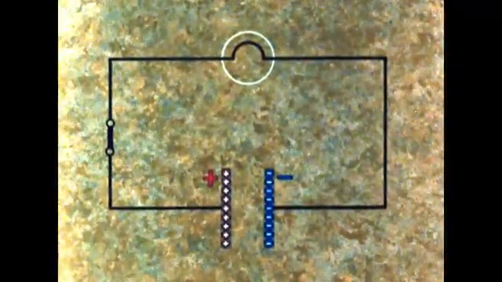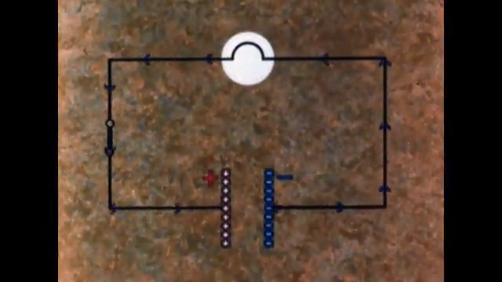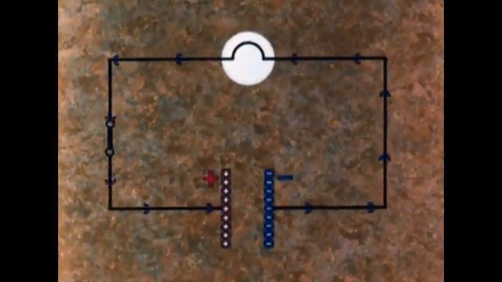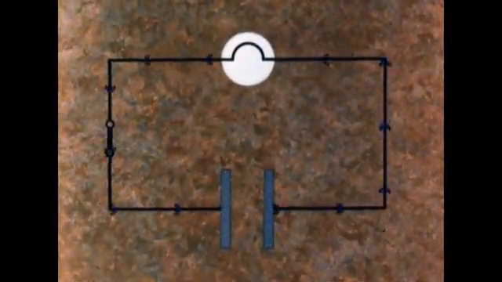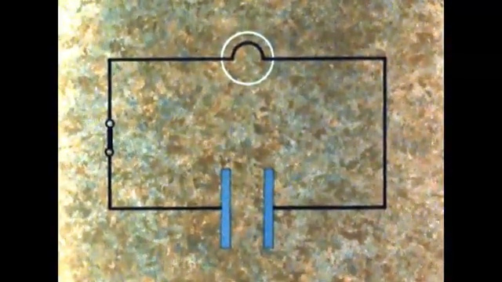On closing the switch, current will flow for a short time, lighting the lamp, as the electrons rush round the circuit to the positive plate. The flow stops when the electrons have neutralized the positive charge on the positive plate, so that the potential difference between the plates has disappeared. The capacitor is now said to be discharged.